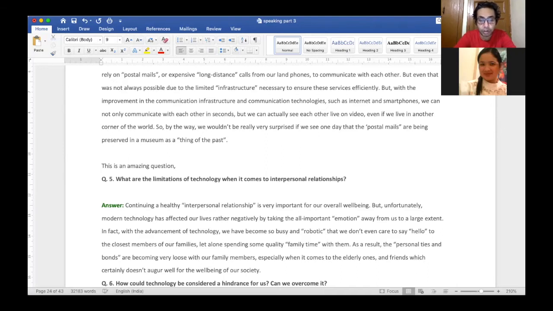You can see this document, right? This is an amazing question. This is a great question. This is a fascinating question. This is a thought provoking question.